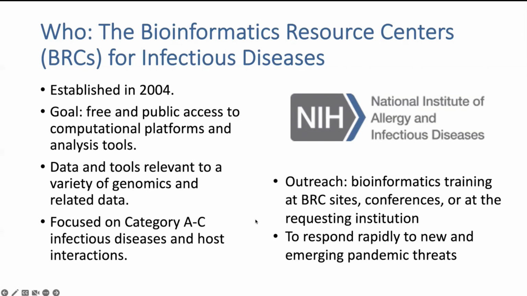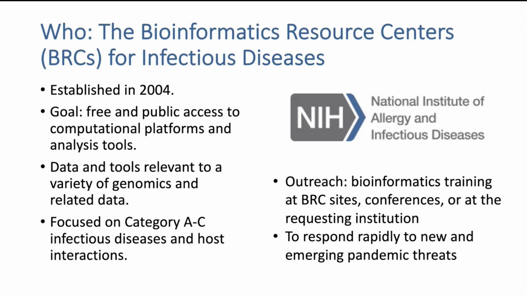If you are new to the BV-BRC and are not sure who we are, we are one of the Bioinformatics Resource Centers for Infectious Disease that's funded by the NIH's NIAID division. We were established in 2004, and our goal is to provide free and public access to both the data and computational tools so that you can analyze different kinds of genomic data relating to category A through C infectious diseases.